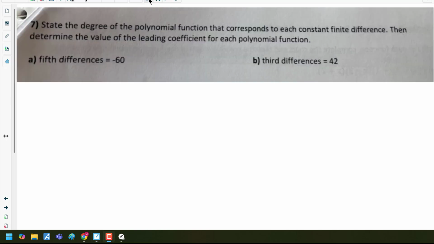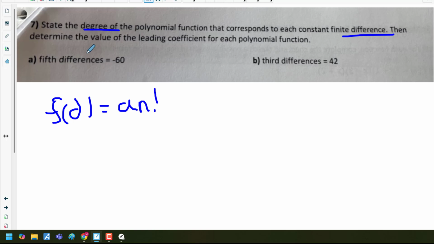So this is exactly that formula that you mentioned earlier. FD is equal to a times n factorial. So they're looking for: state the degree of the polynomial function that corresponds to each finite difference. Then determine the value of the leading coefficient for each polynomial function. So they're saying fifth differences. So the degree is obviously 5. So that's n.